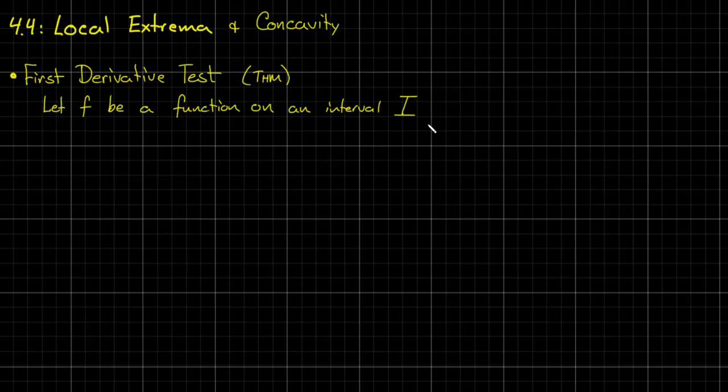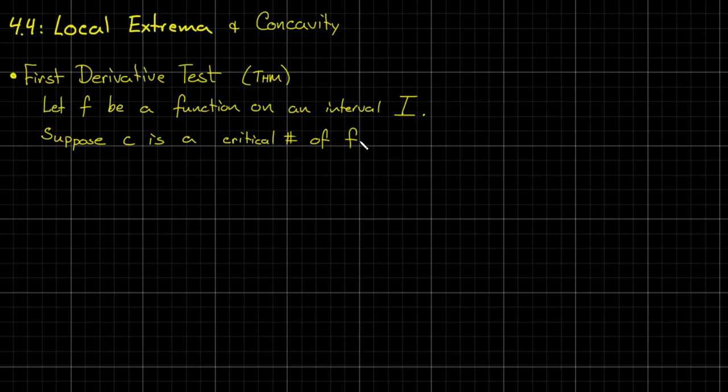Okay, now, as we look at this, we're going to say, suppose, and we're going to get a few different things, that C is a critical number of f. And I'm going to pause here for just a second because it is easy to get goofed up.